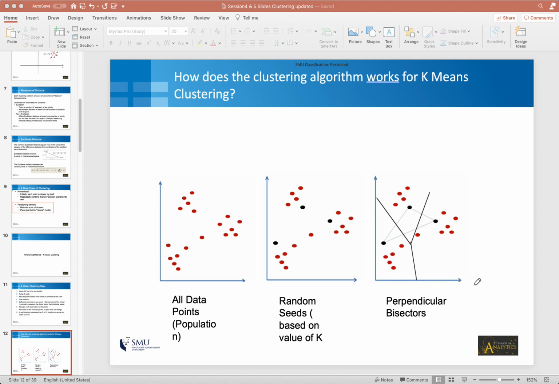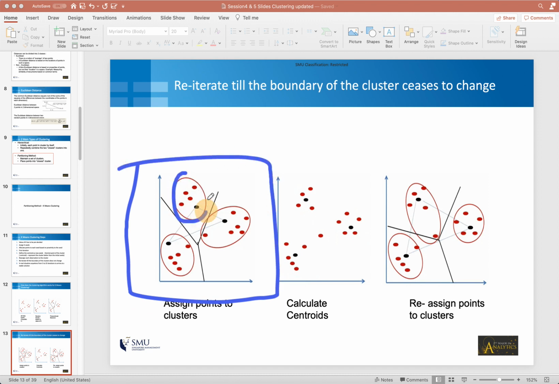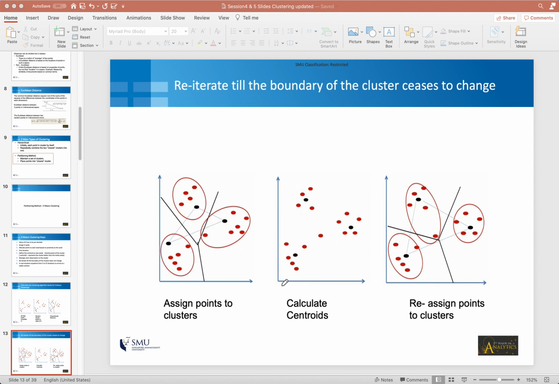So what happens after that is, here's what we get. Now we have these observations and there are 3 clusters. Based on that method, we have finally assigned each observation to a particular cluster.